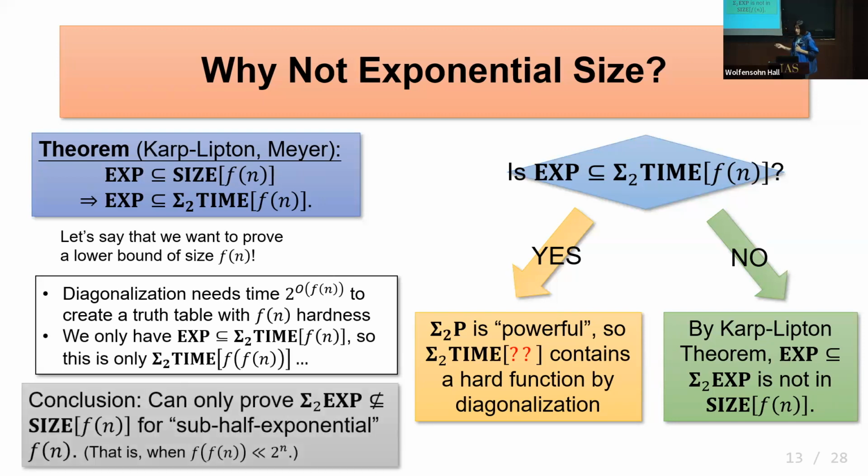Therefore, if we want our hard language to be in sigma 2 exp, we will need F of n to be almost 2 to n, which means F is sub-half exponential. That is, Kaplan's win-win argument can only give you a half exponential circuit bound for sigma 2 exp.